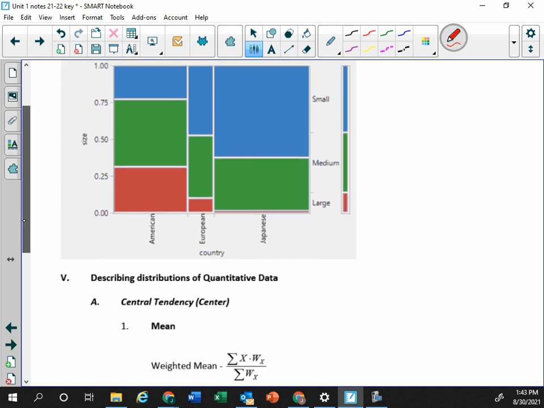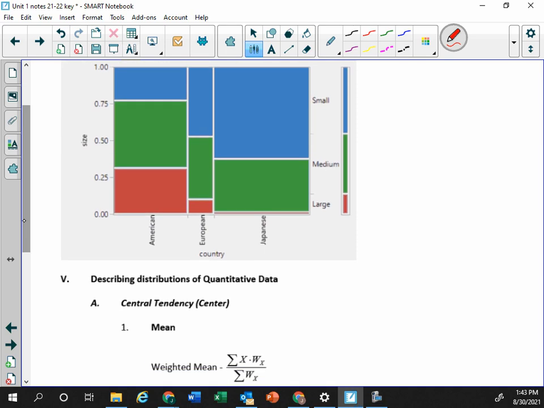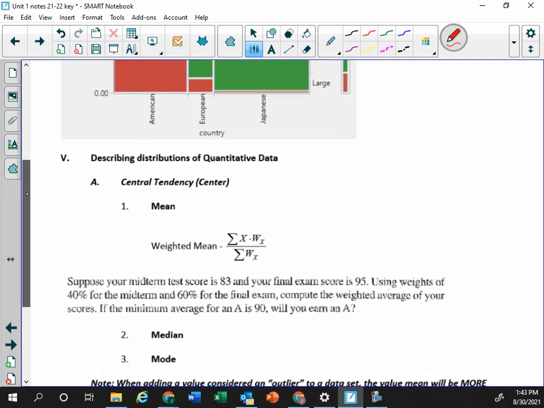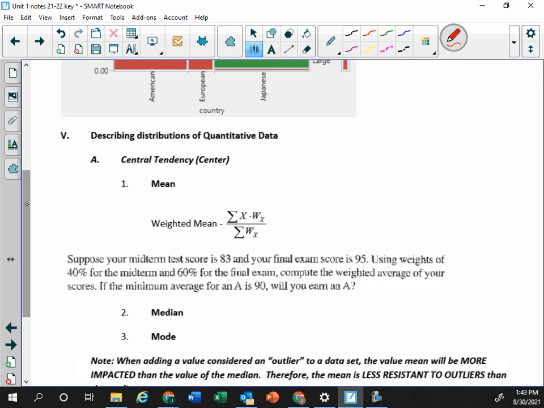All right. So the next part here, going through those was pretty quick. The next part is the most important part of Unit 1, and it's something you're going to see repeated later, being able to describe a distribution. So we talk about CUSS.